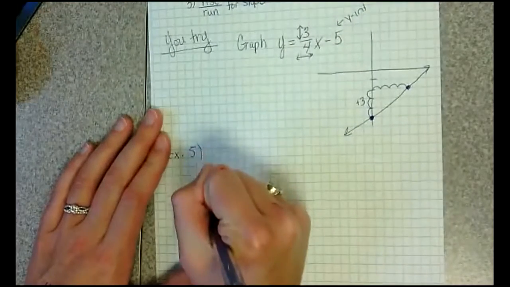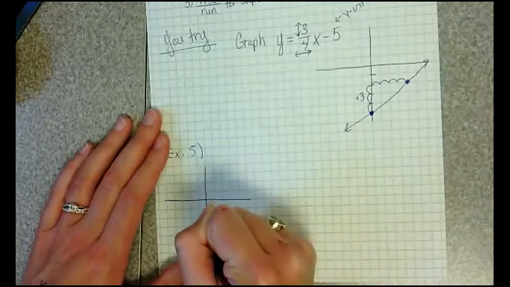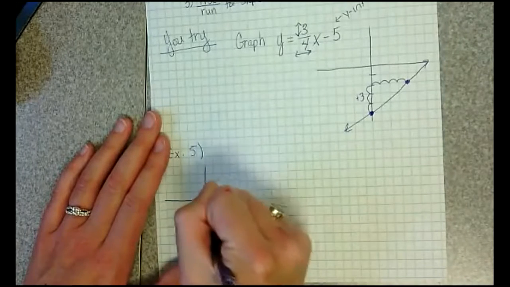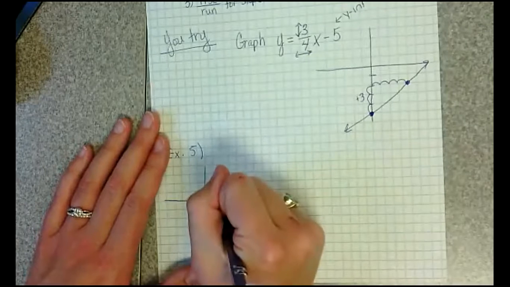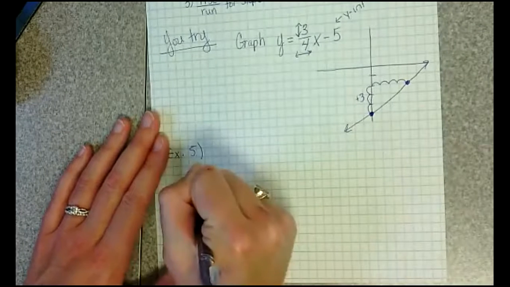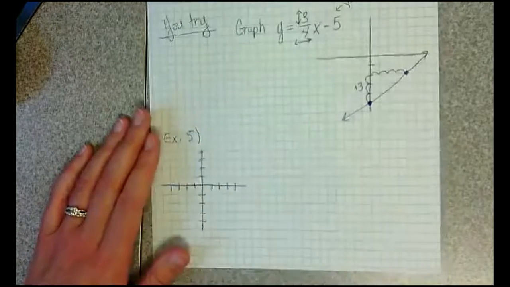We're going to sketch a graph. So just try to sketch for me the best that you can. I put 4 hash marks everywhere.